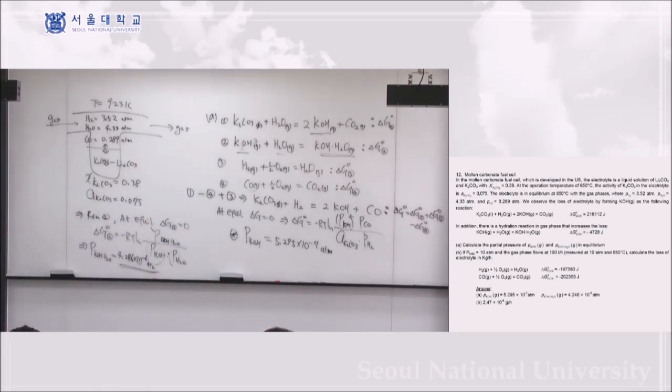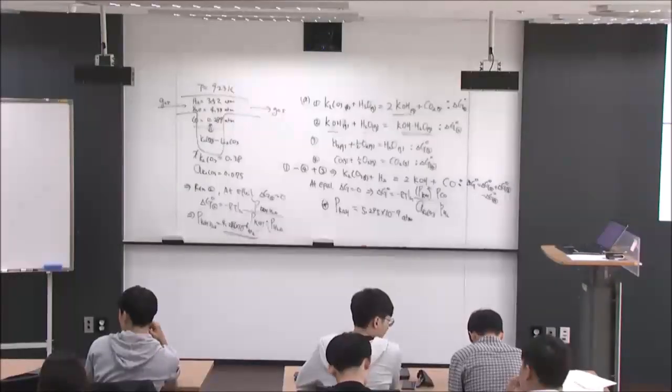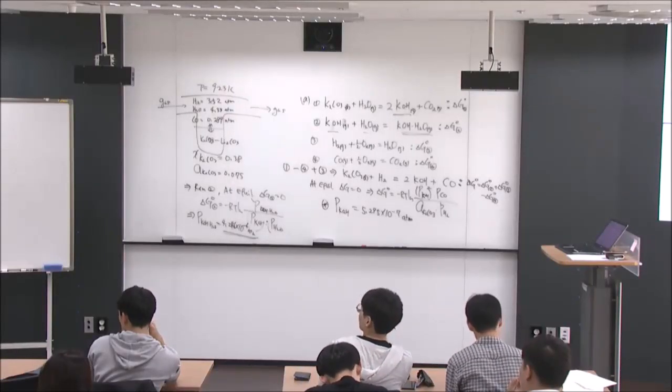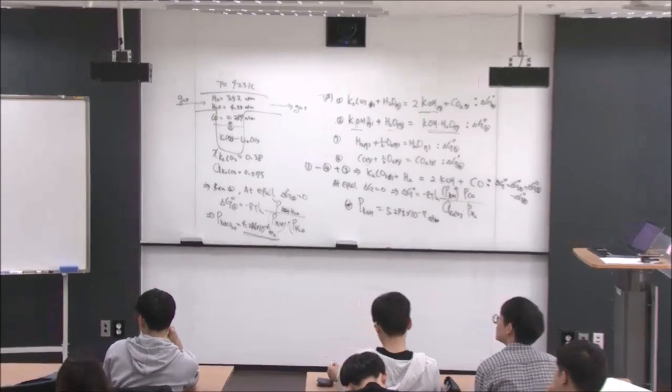So if you want to do that, let's just look at how much actually the moles of the potassium are going to evaporate through this kind of chemical reaction. That's what we have to calculate. So we say P total 10 atm.